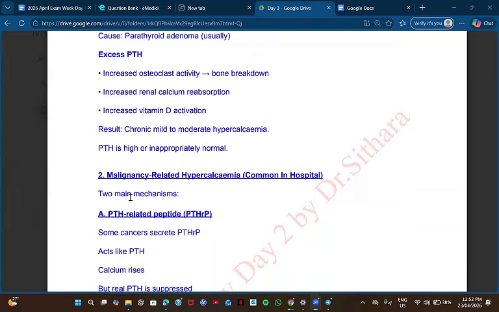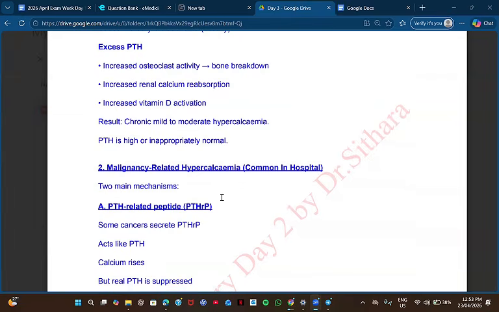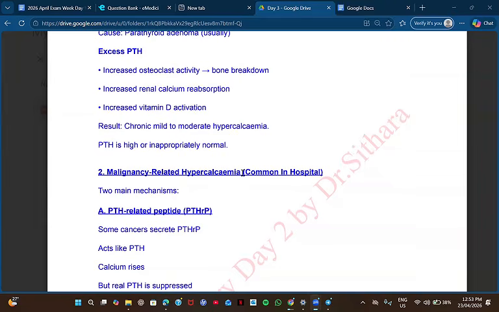Then we have something called malignancy-related hypercalcemia. Very important. This is the second most important cause of hypercalcemia. How does malignancy-related hypercalcemia occur? It's not a parathyroid malignancy, okay?